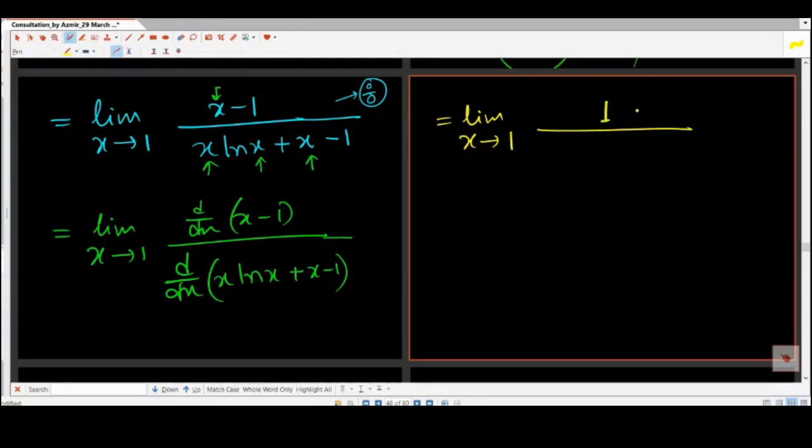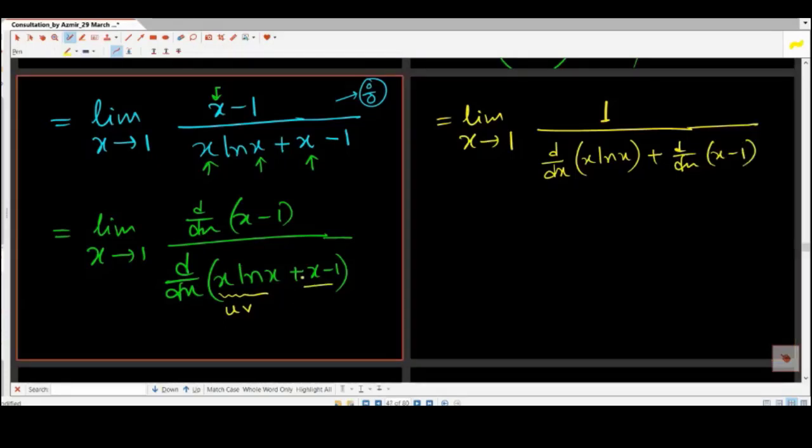Differentiation of 1 is 0, so no need to write that. And here, since it is like u times v, we can do this calculation later. That means we can separate natural log of x times x and its differentiation plus d/dx of x negative 1. Using the summation rule of differentiation, we can separate this.